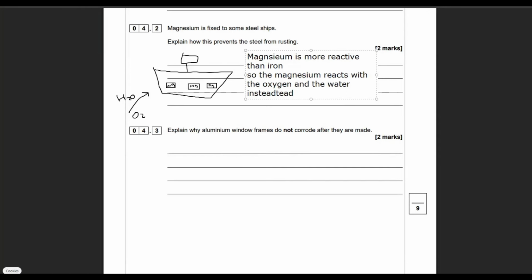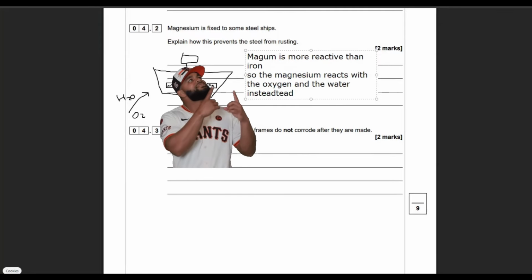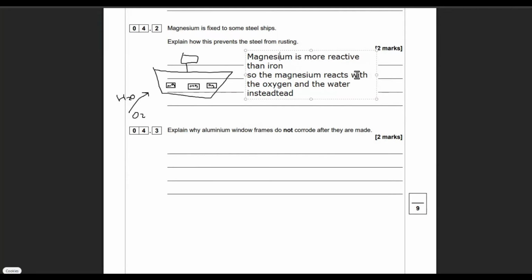Look at the spelling, peeps. Magnesium is more reactive than iron, so magnesium reacts with the oxygen in the water instead, leaving the steel with no rust. So it protects it, basically, it's offering protection.